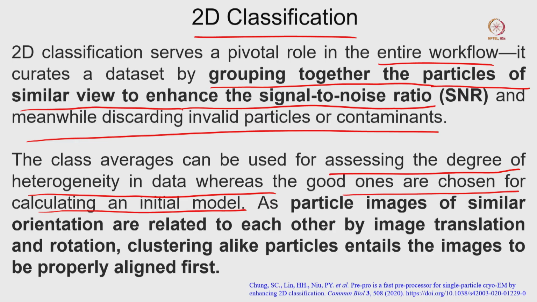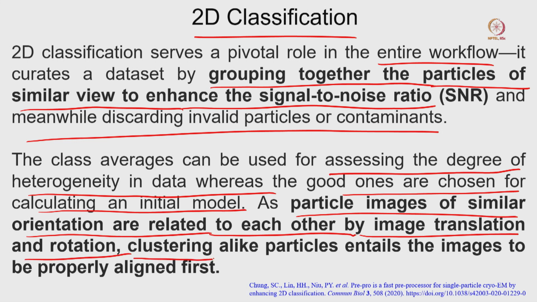Particle images of similar orientation are related to each other by image translation and rotation, and clustering like particles gives us the 2D classification or 2D averages.